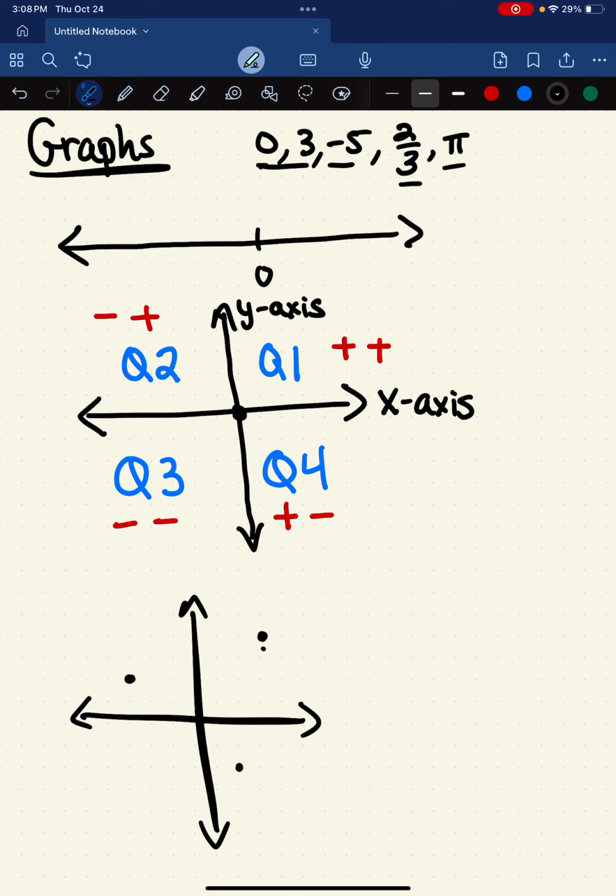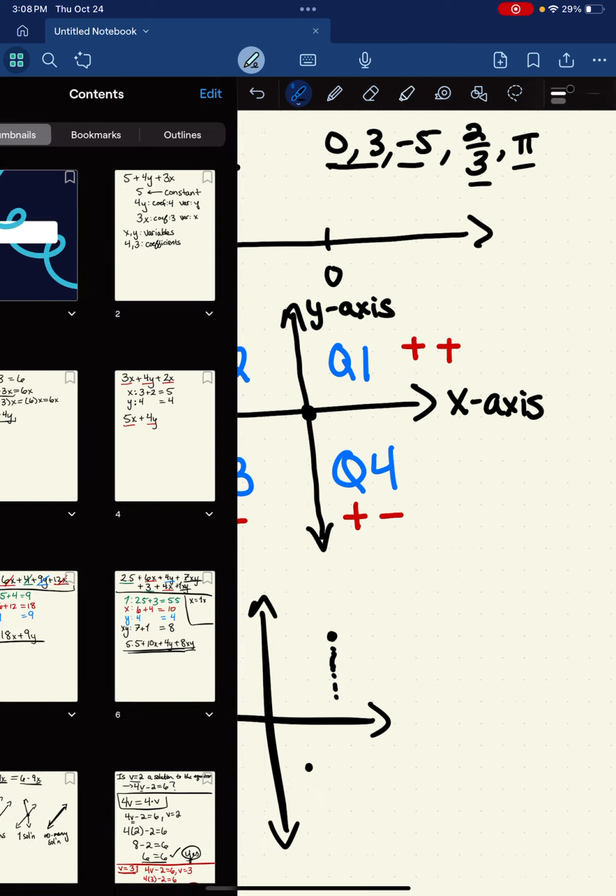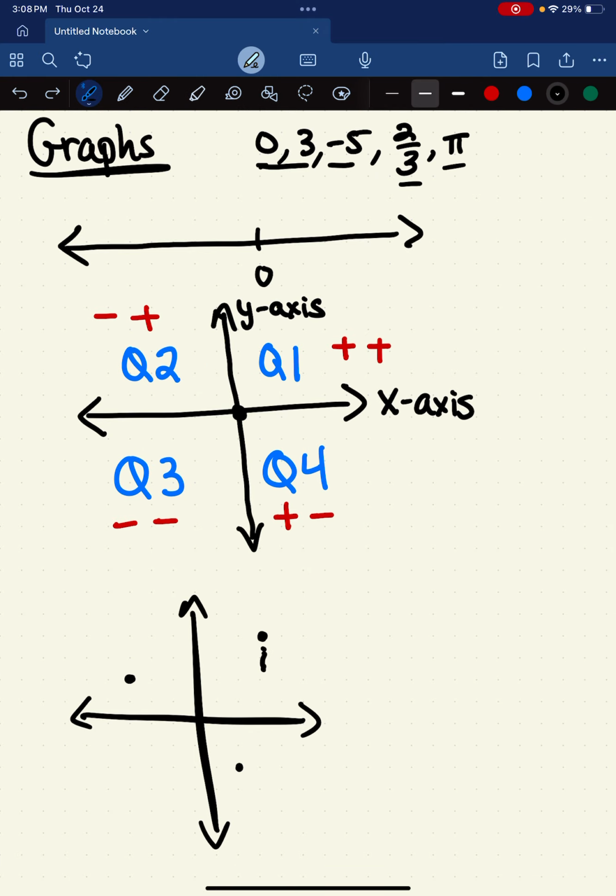And you can think about these points as some combination of x value and y value. So I can describe this point here as some x value and some y value. The way we write that is going to be a little confusing because it's going to overlap with interval notation.